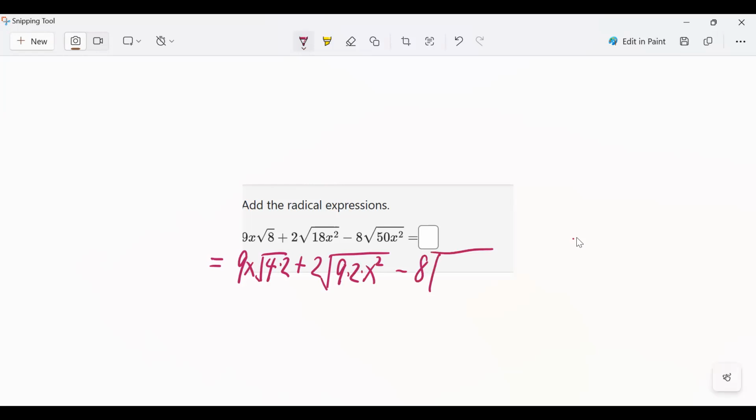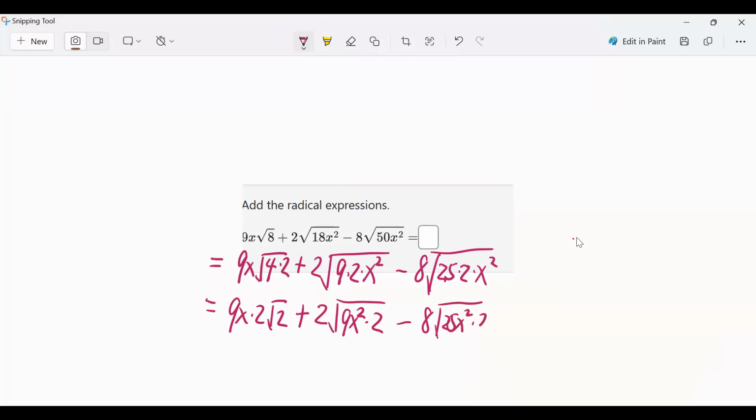Third term, break down 50 as 25 times 2 and x squared. Now you just simplify, so 9x square root of 4 times 2, right? 2. And the second one, you can slowly put 9x squared together and then times 2 minus 8.